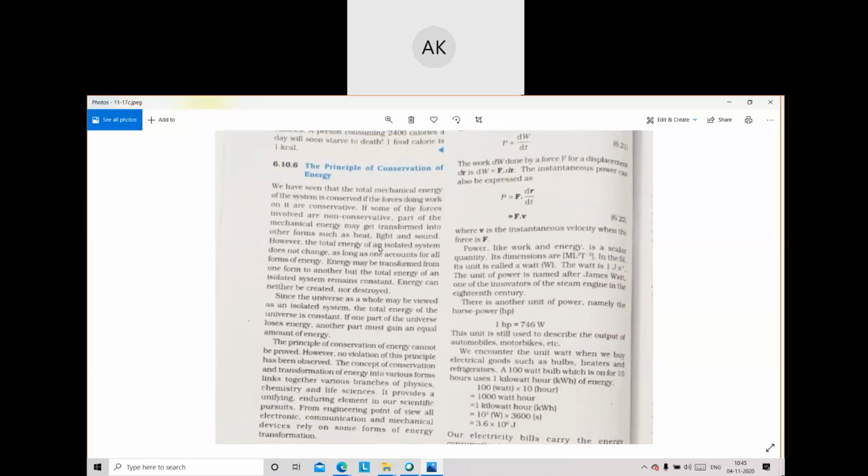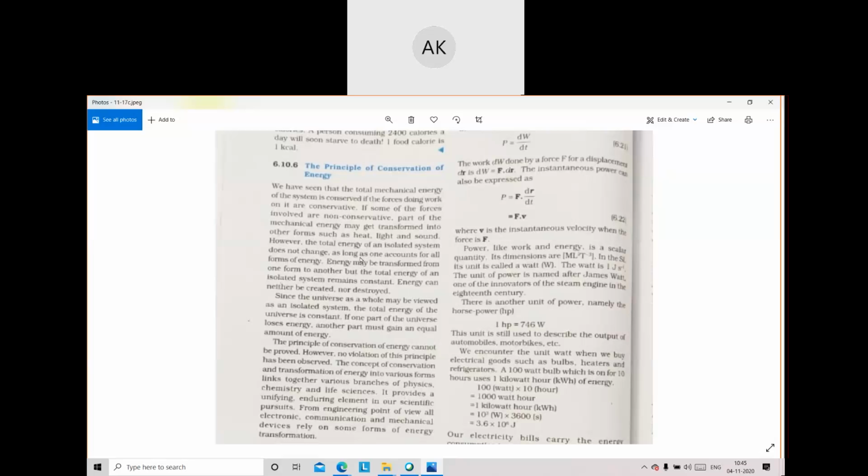That's the total energy of an isolated system. We have to underline that word, isolated system. Isolated system means no external force acts on the system. So the total energy of an isolated system does not change. You underline that word, isolated system.